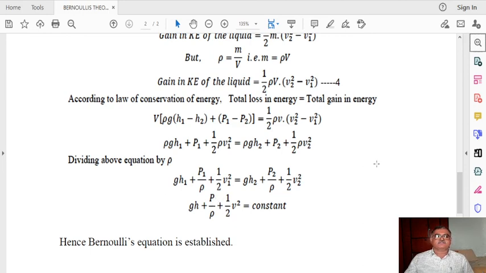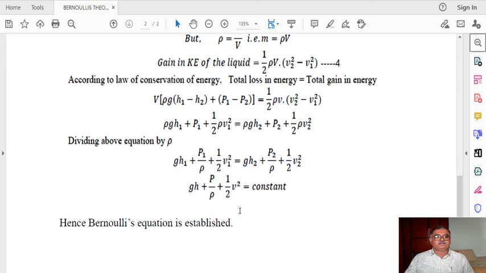By collecting the terms, g h plus p upon rho plus half v squared equals a constant.